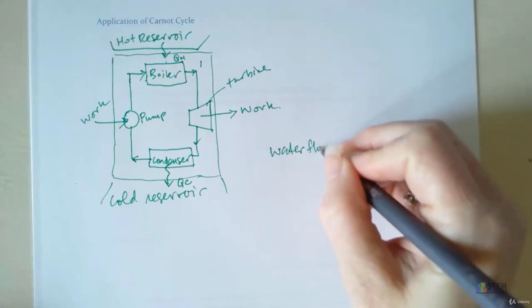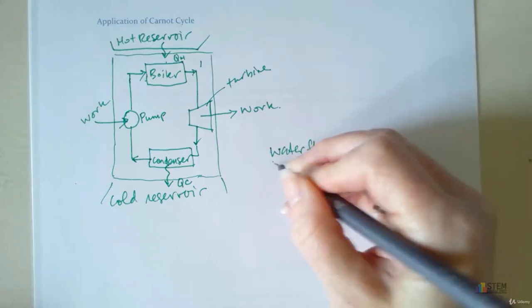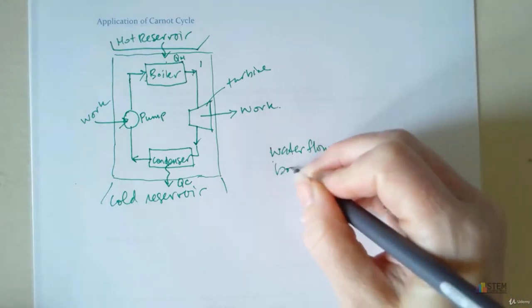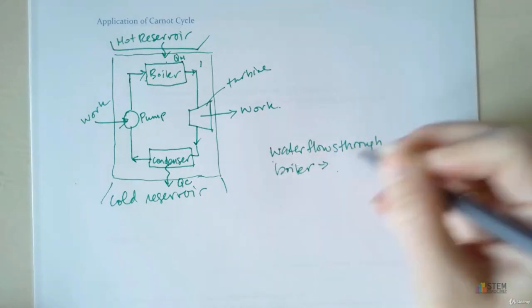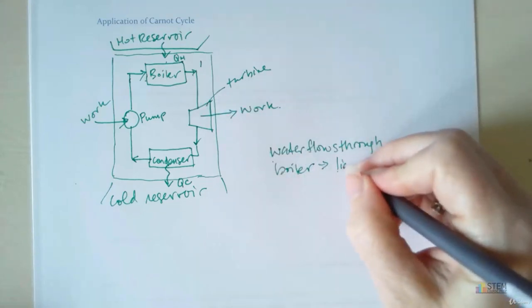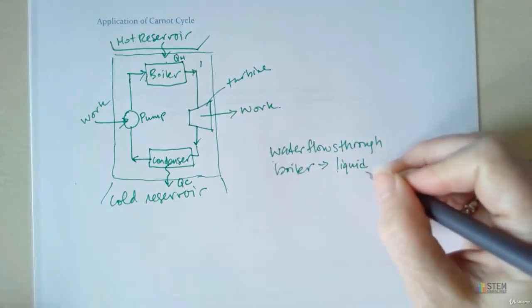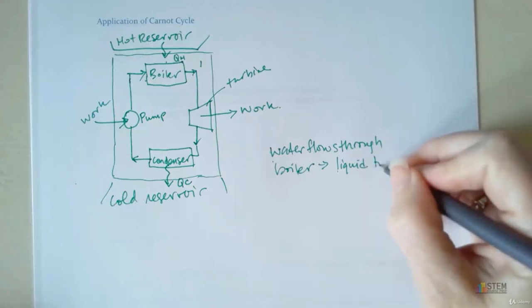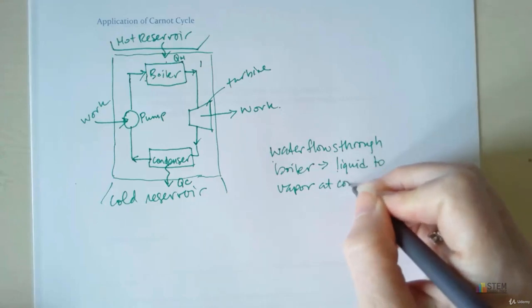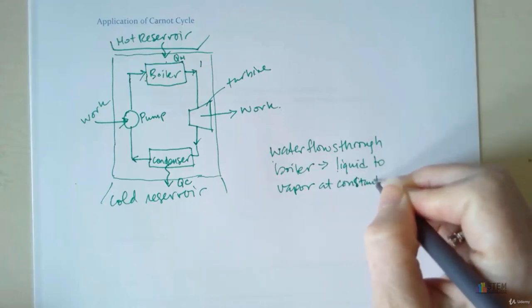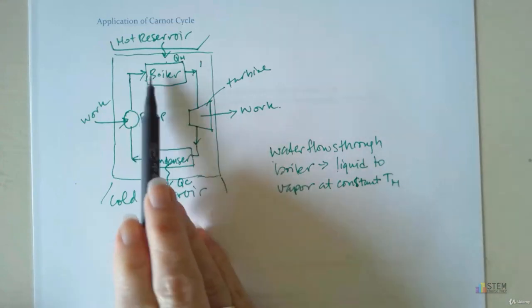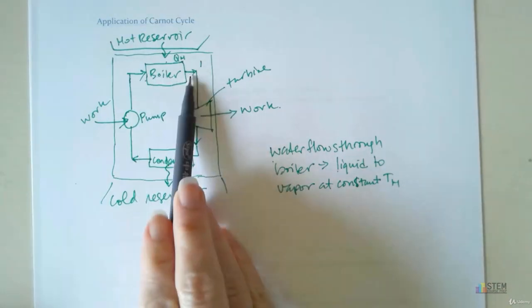We're going to say that water flows through the boiler. So as it flows through the boiler, we're going to have liquid water turn to vapor. So let's just put liquid to vapor at a constant temperature TH. So that's what's going to happen as the water flows through the boiler.